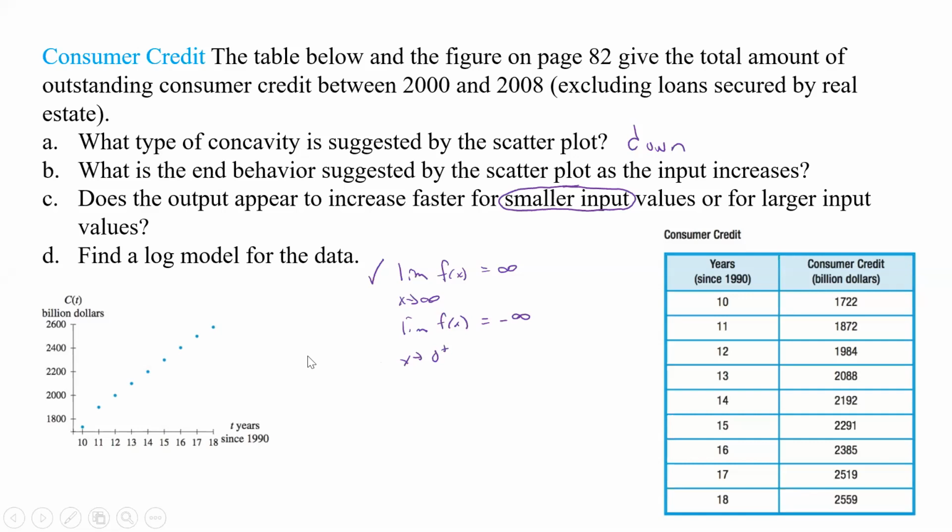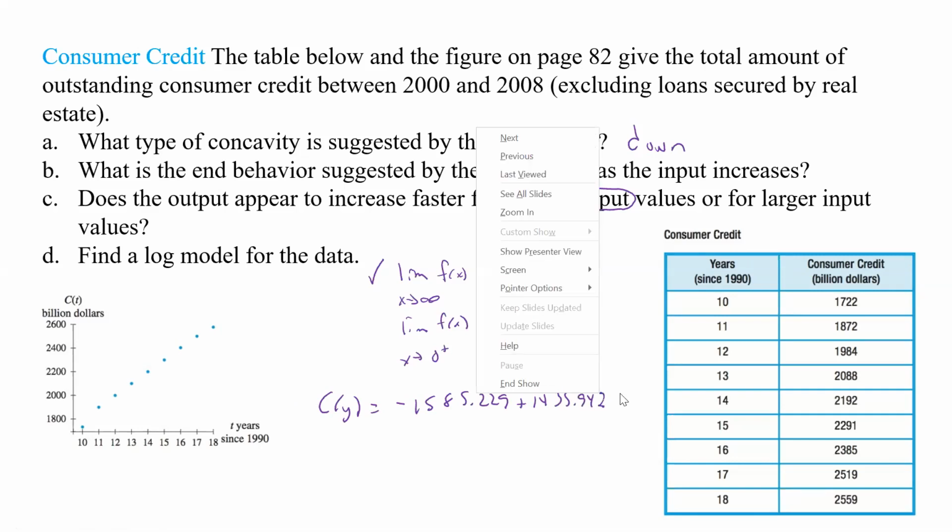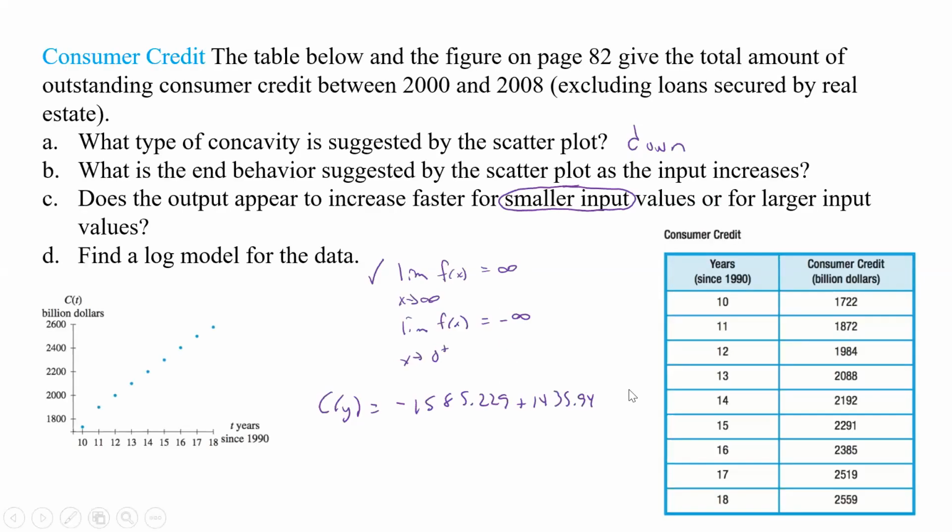Okay, anyway, so what we need to do is write our function down. And so this is consumer credit based on y. So let's call it C of y is equal to negative 1585.229 plus 1435.942 ln of y, and that was in billions of dollars.